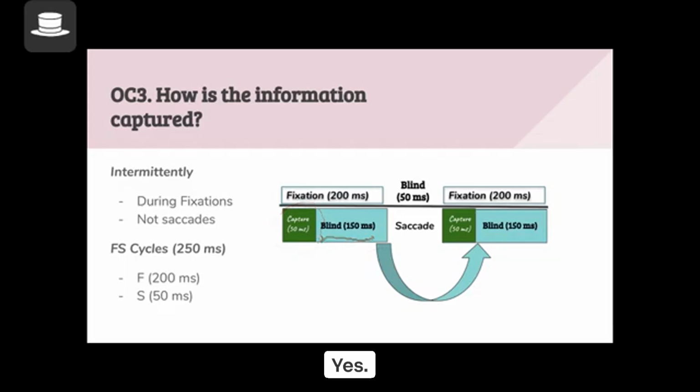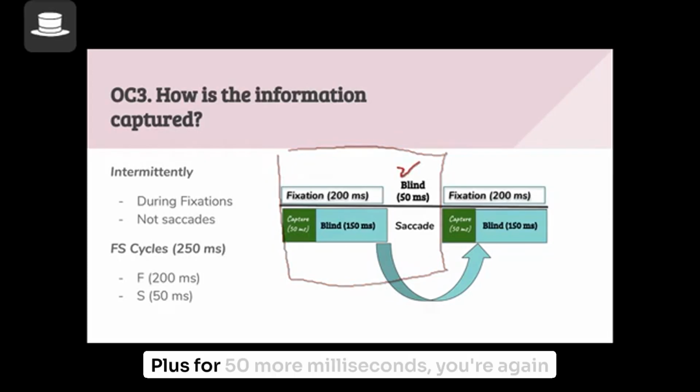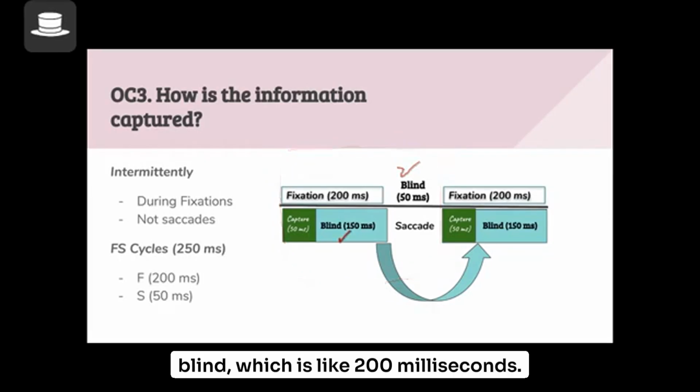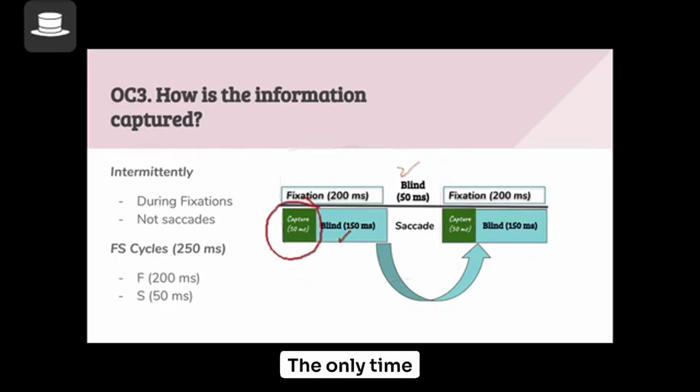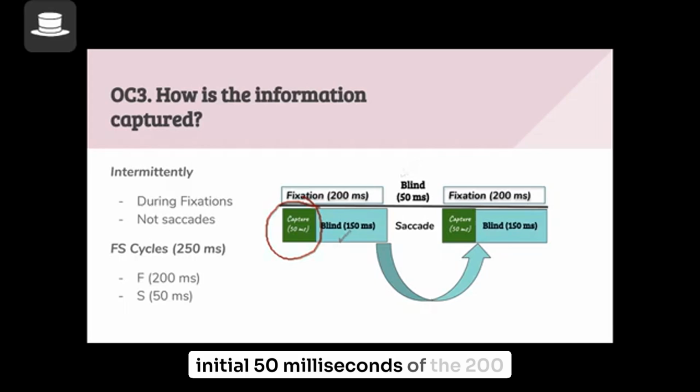What? Yes. Take one fixation and saccade cycle, which is 250 milliseconds. Out of 250 milliseconds, for 50 milliseconds you're blind, plus for 150 more milliseconds you're again blind, which is 200 milliseconds. The only time your eyes capture any information is during the initial 50 milliseconds of the 200 milliseconds.